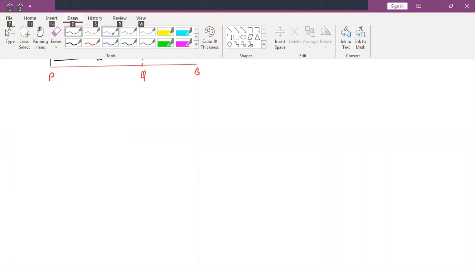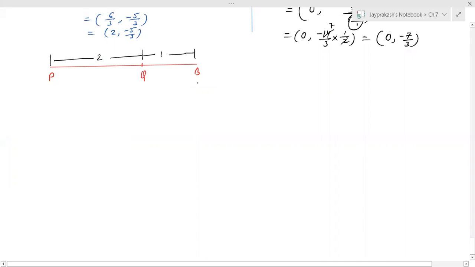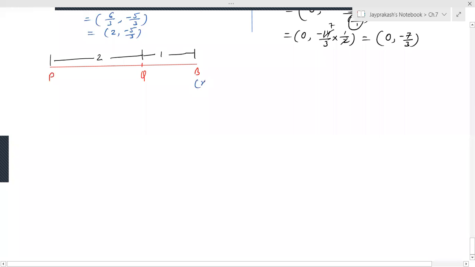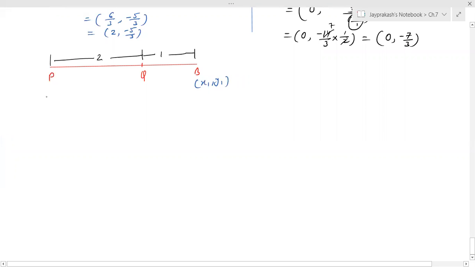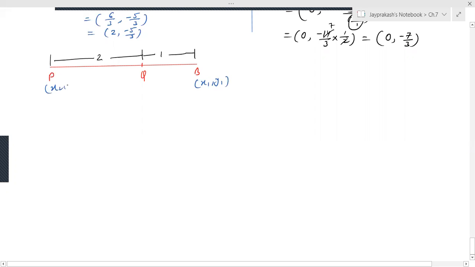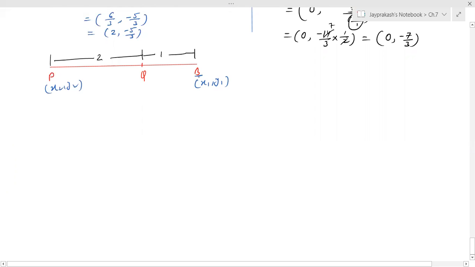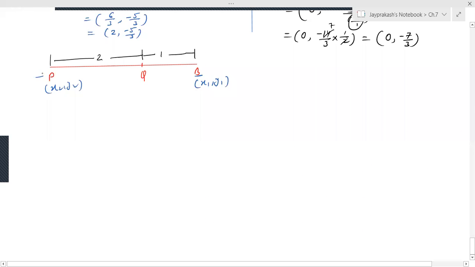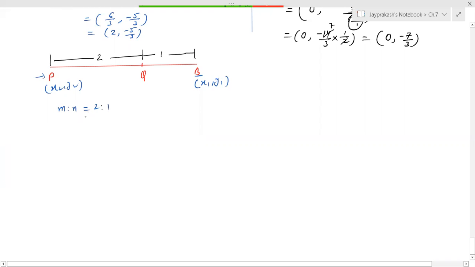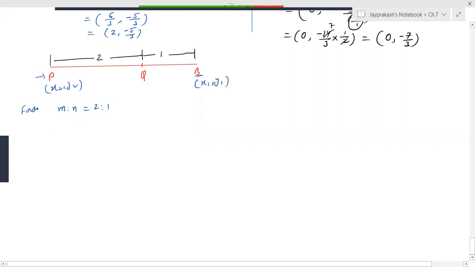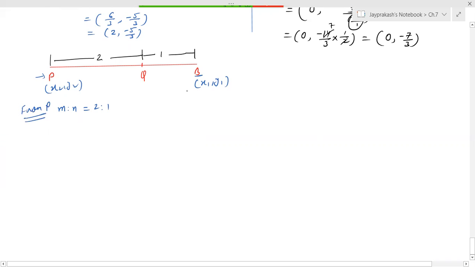And the other thing, if you want to use B as the first point, then at that time we will consider this one as x1 comma y1 and point P as x2 y2 from the side of B. So it depends on you. If you take from the side of P, then Q divides in the ratio m is to n equal to 2 is to 1 from P.